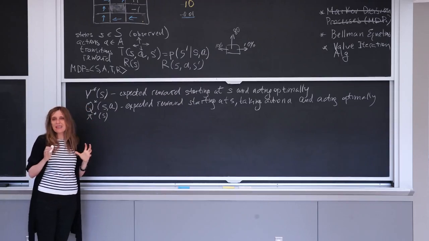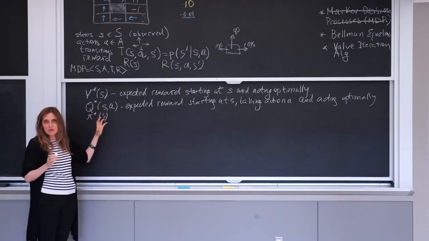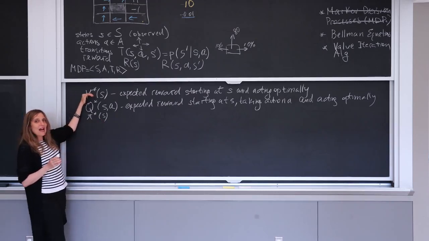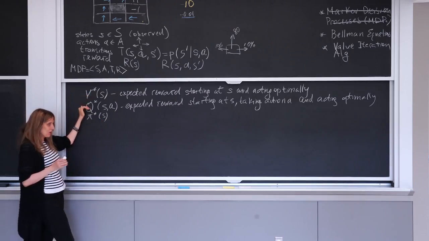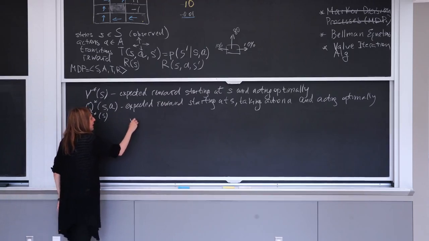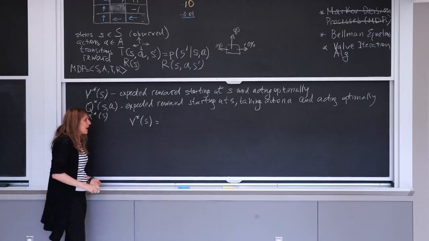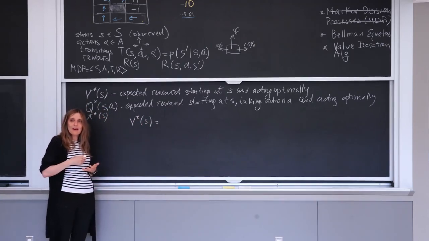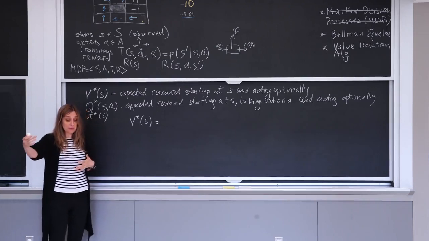And what the Bellman equations do, they actually connect all these 3 quantities together. So let's start first by connecting the value of the state and the Q function, okay? We can say that the value of state S is going to be, as we said before, the value of the state if we start at state S and act optimally.